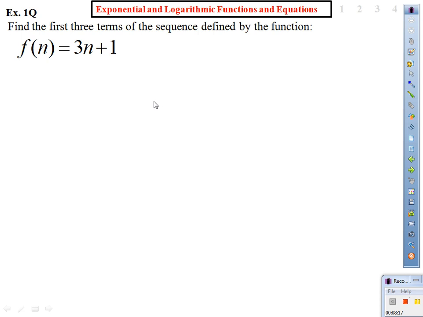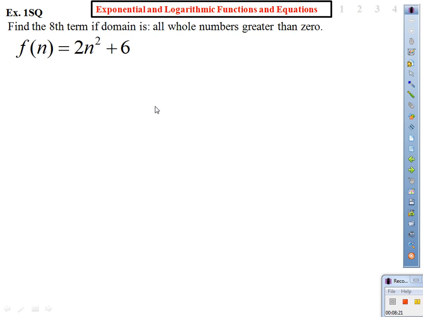All right, copy this next one, example 1 super Q, and it reads, find the 8th term if the domain is all whole numbers greater than 0. And the given function is f of n equals 2 times n squared plus 6. Copy that.